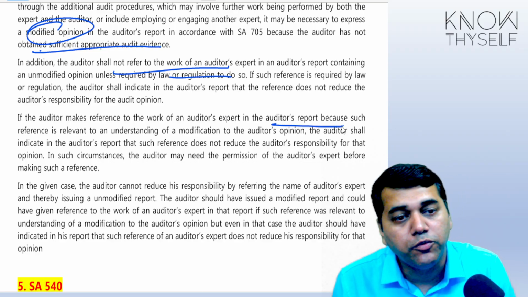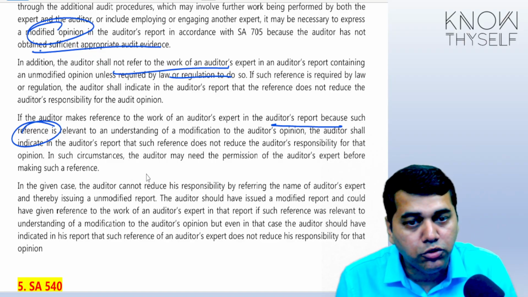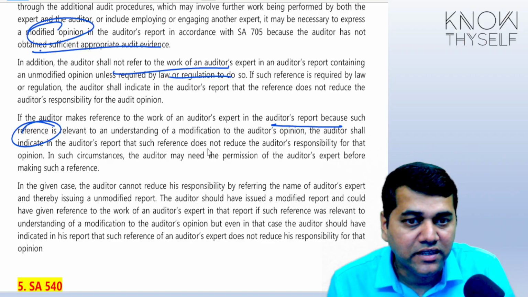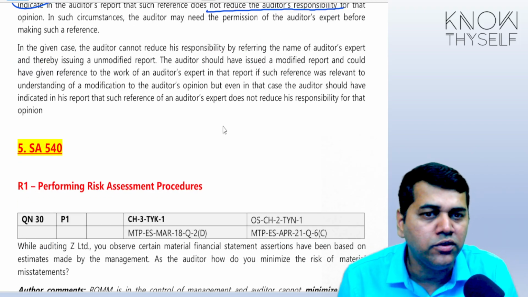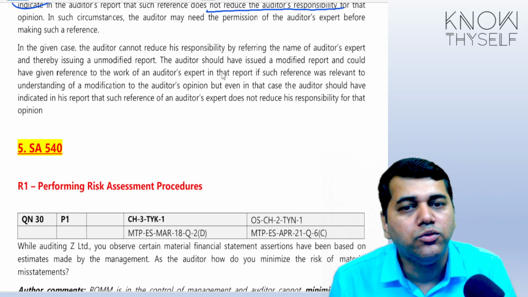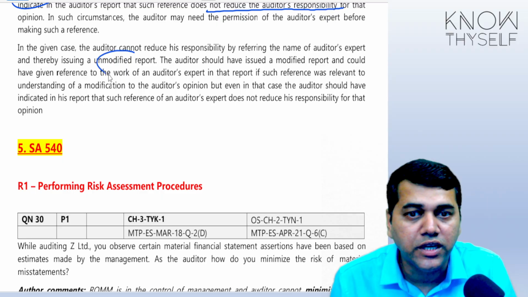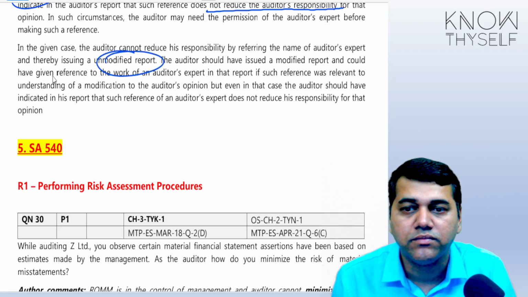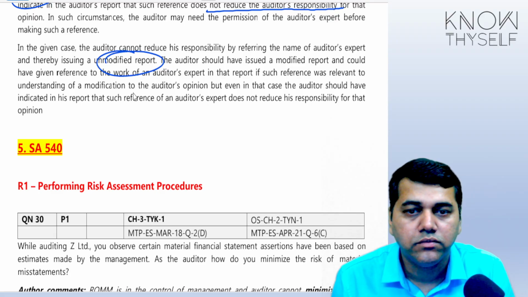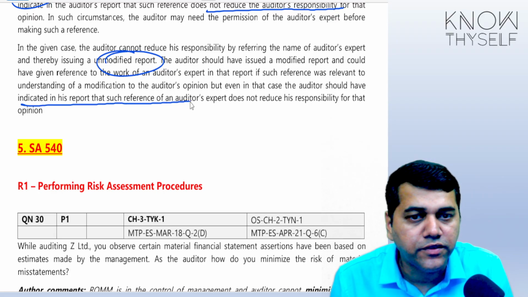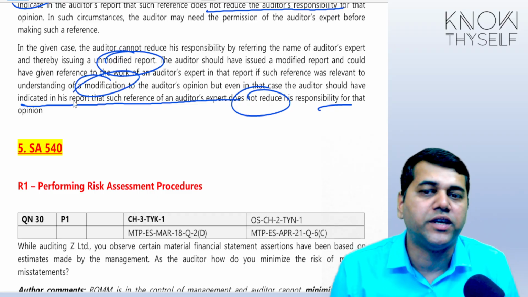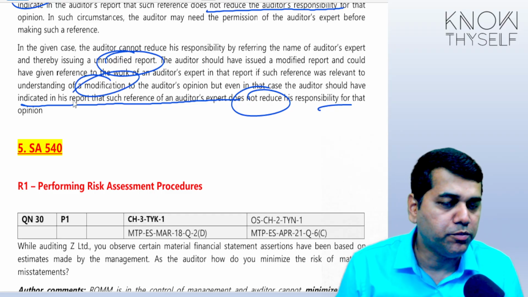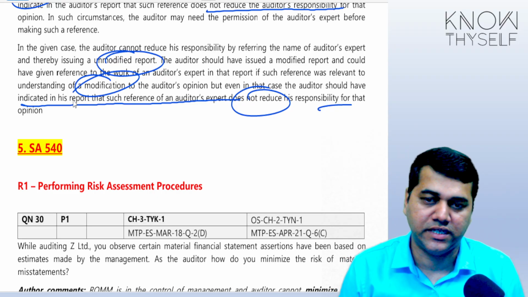If it is a modified opinion, he may find it relevant, but in both cases he should state that it does not reduce the responsibility of the auditor. So in the given case, you say that issuing an unmodified report is wrong. The auditor should have indicated that the reference to the expert does not reduce the responsibility. First of all, he should have modified the report. So whatever the auditor did is not correct.